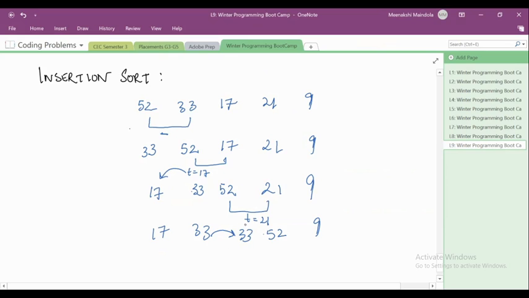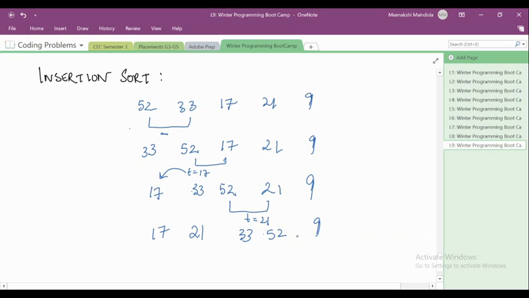Then the next thing it does is compare 17 with 21, and now it knows that 17 is smaller than 21, so it is at its correct position. So now you know that this temporary value, which was storing 21, should be here. Okay, so this way it is going to bring each element in every iteration at its correct position.